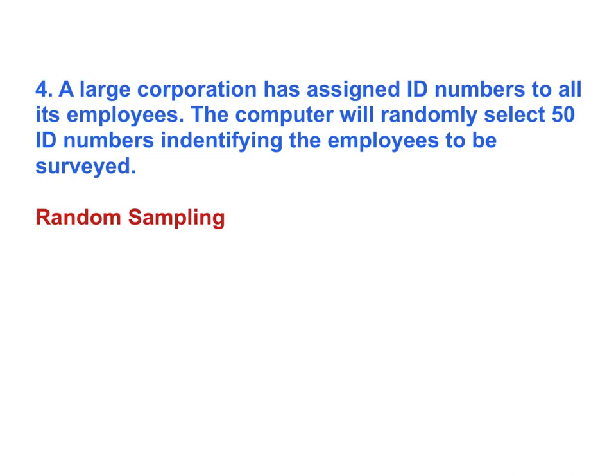This one's random. Again, the key thing here is that they're selecting from all members of the population, and all of them have a chance to be selected. That's what makes it random.